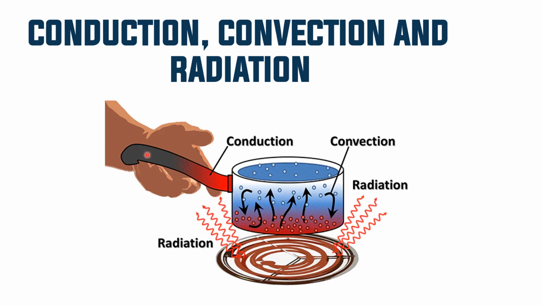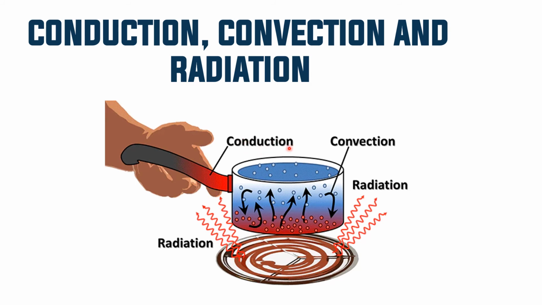Here this metal pot is placed on a stove. The stove is the heat source. Heat is transferred from the heat source to the metal pot. The metal pot is a solid. That kind of transfer of heat is called conduction.